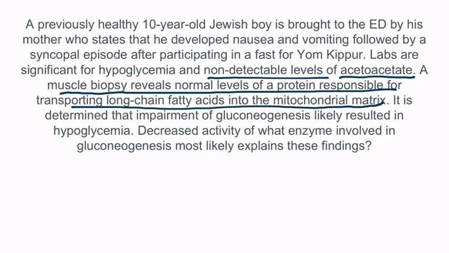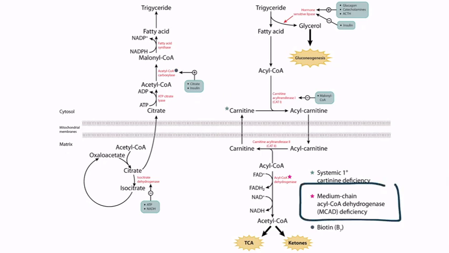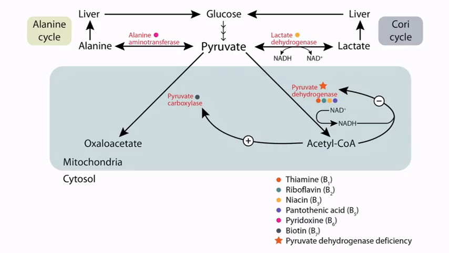Okay, so we're told that gluconeogenesis is impaired and asked what enzyme is likely responsible. Let's look at the overview figure to answer this question. From the figure, we can see that an MCAD deficiency would result in decreased levels of acetyl-CoA. In the figure from pyruvate metabolism, we can see that acetyl-CoA normally upregulates pyruvate carboxylase, which promotes the conversion of pyruvate to oxaloacetate, which is the first step in gluconeogenesis.